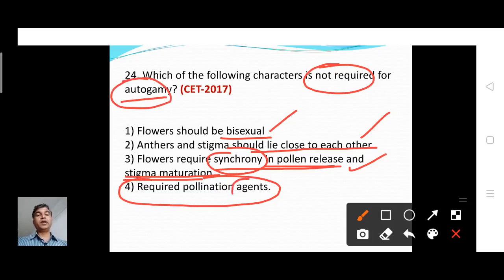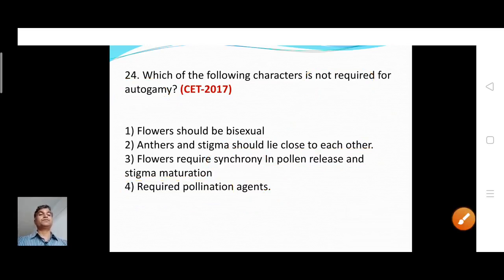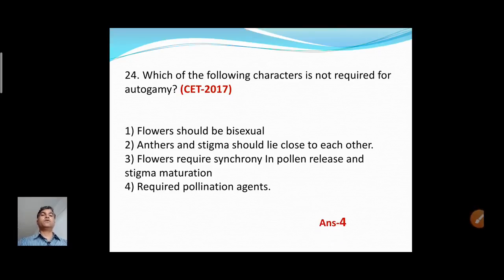They are required in either geitonogamy or xenogamy, where pollen grains must go from one flower to another. Agents are not required in autogamy, nor in a cleistogamous flower. So the 4th is the correct answer.